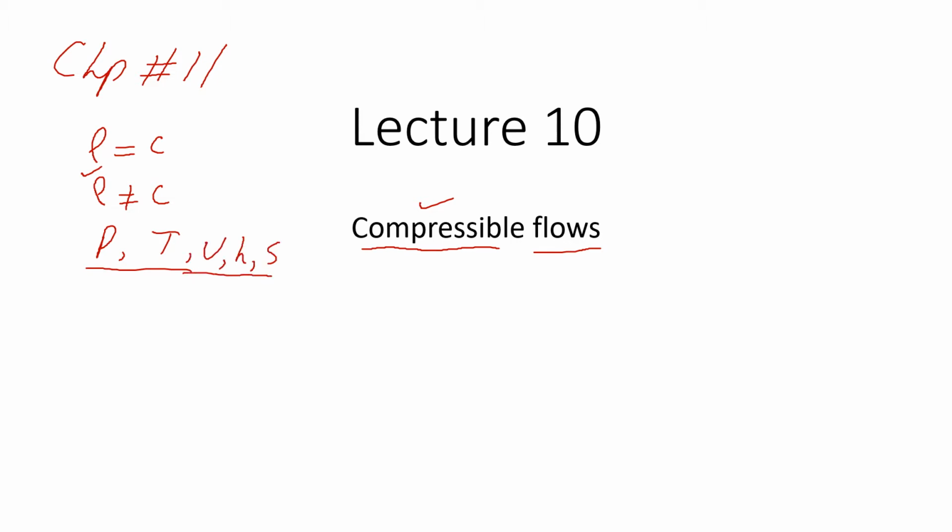These are the state functions of any fluid that we are going to study: how will they change when we are talking about compressible flow, and how are we going to account for the change of the state properties.